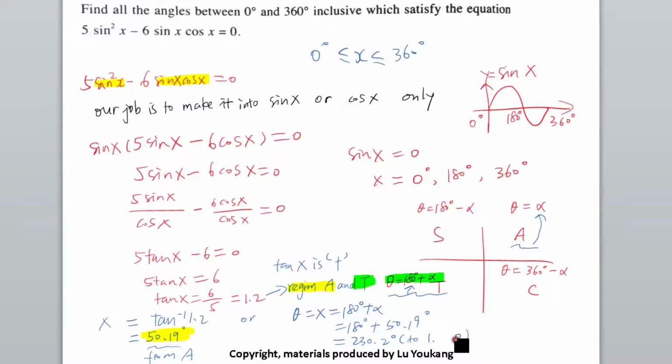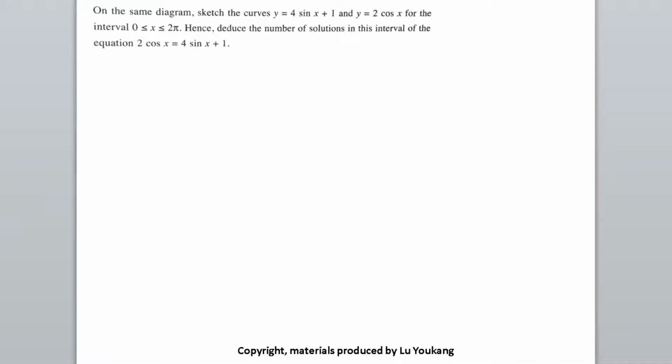So therefore, you have found your x. We have 5 answers here: 2 from our solution of tangent x equals 1.2, and 3 from our sine x equals 0. So now I'm trying to make it easier.